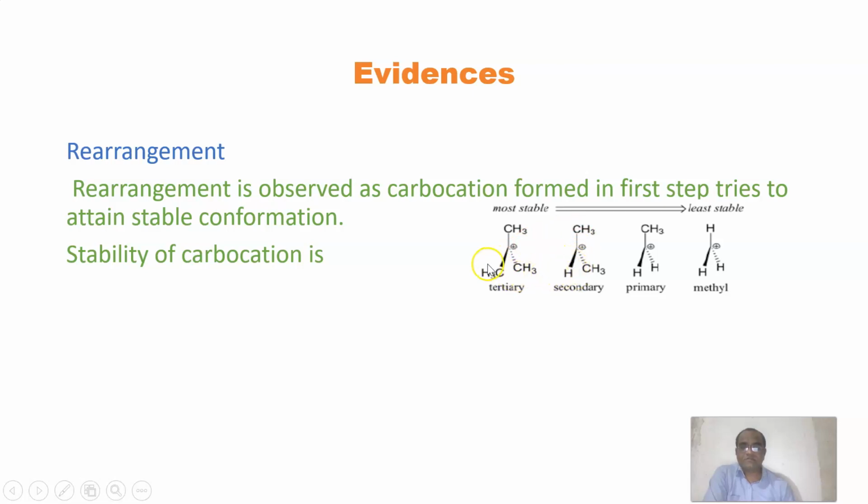Here you can see this CH3 has been replaced by a hydrogen, so it becomes a little less stable, then even less stable, and lastly the methyl group is one of the least stable. So in this elimination reaction, the molecule tries to rearrange itself to a tertiary carbocation if possible, because tertiary is the more stable structure.